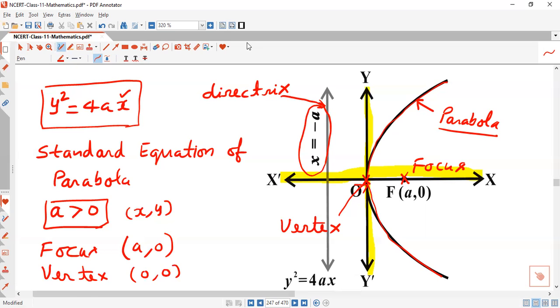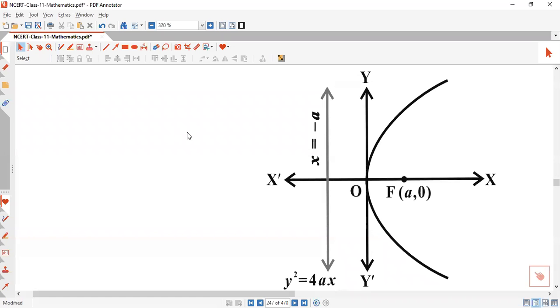Now let's say we take a point P on this parabola.